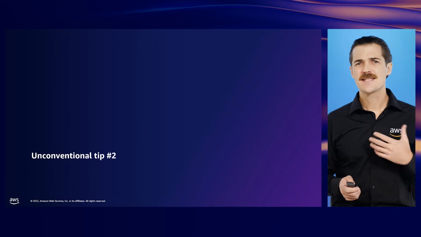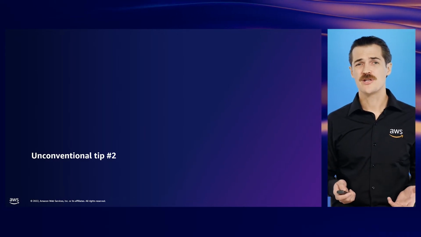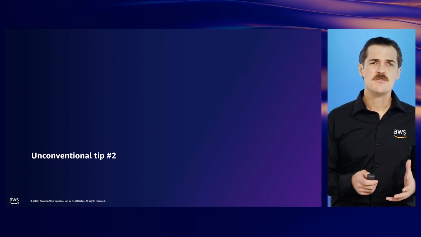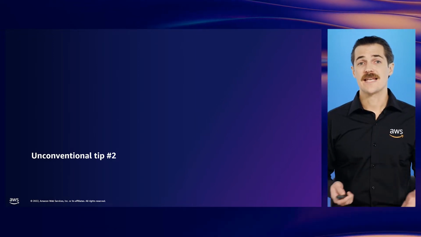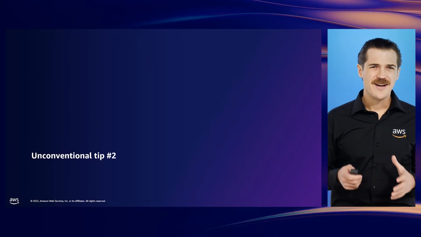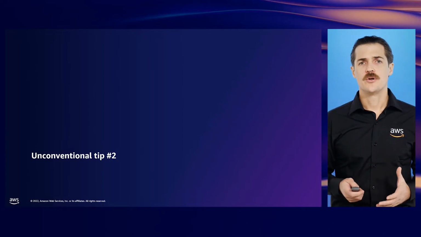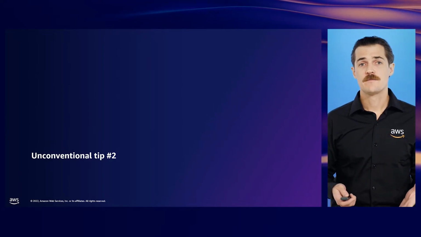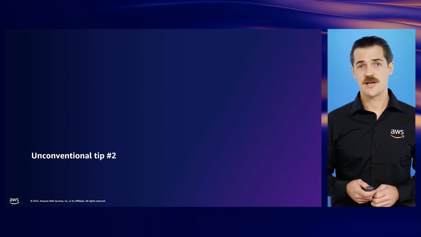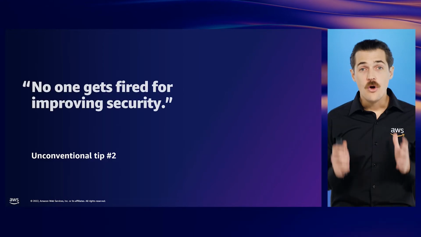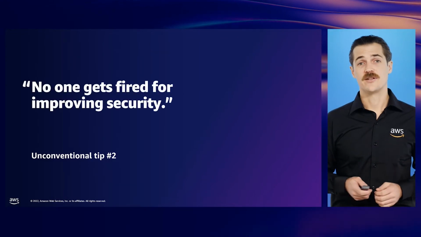Unfortunately, I've seen some architects take a rushed approach to security. They design the minimum to get a workload operational and then put it on a list to revisit later. This isn't a great idea, as it can open the workload up to unnecessary risks. We can mitigate these risks by not rushing the security of a design, and remembering no one gets fired for improving security.